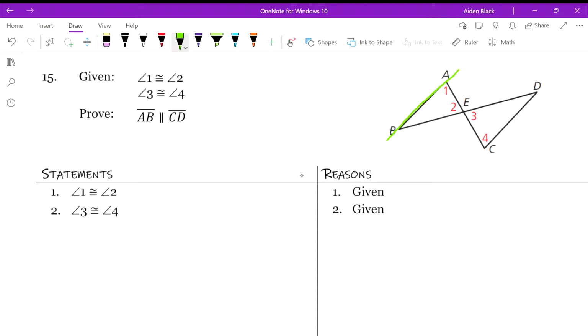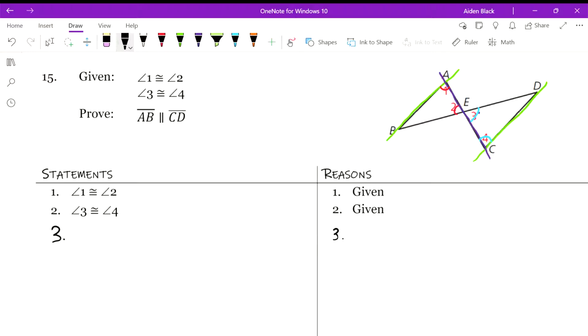We're trying to prove that AB is parallel to CD, and they tell us that angle 1 is congruent to angle 2, and we know angle 3 is congruent to angle 4. That already sets us up for most of the proof.